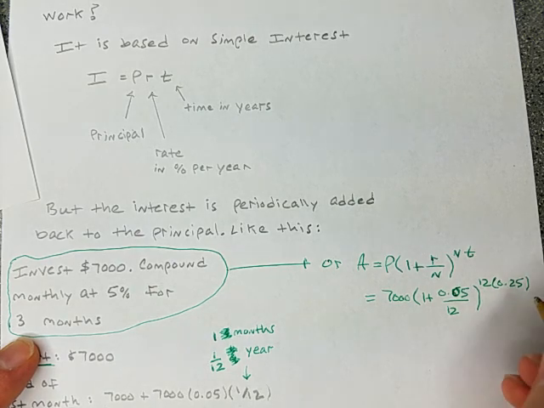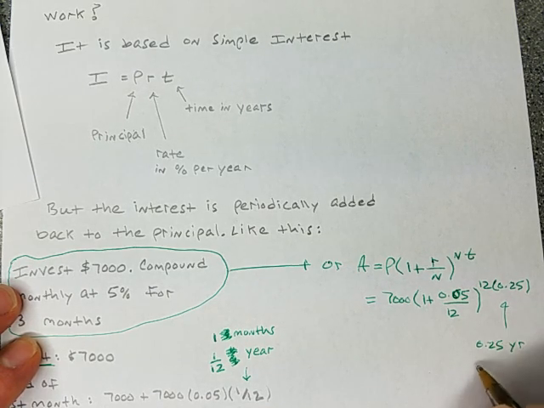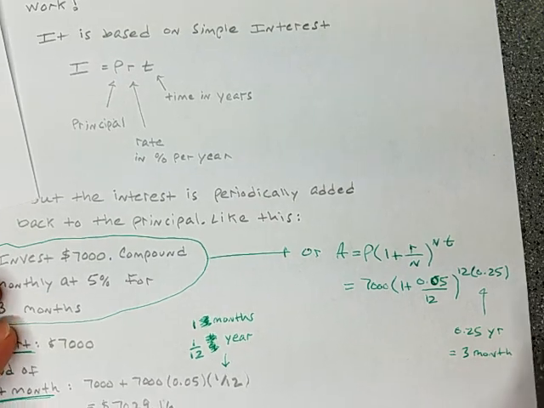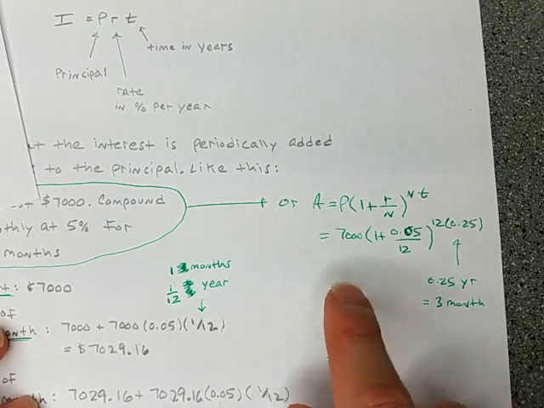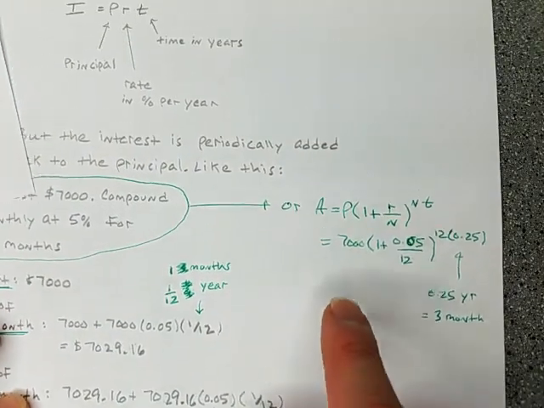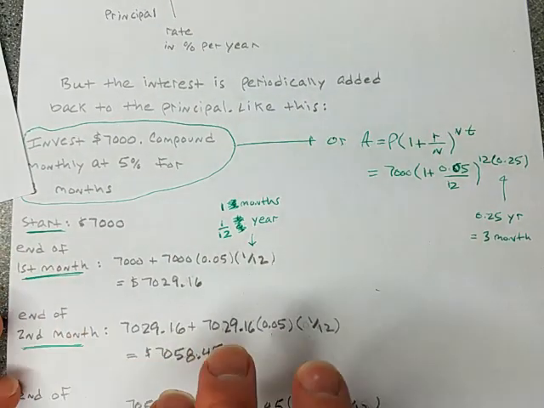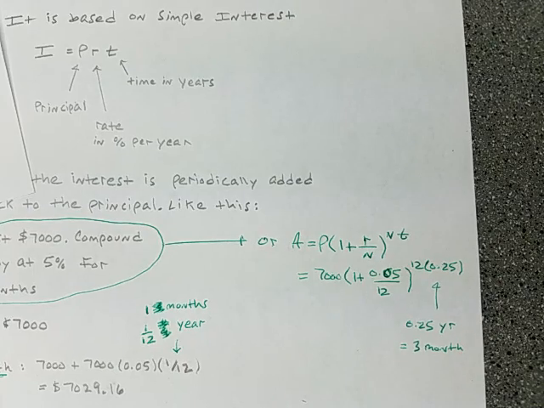Because 0.25 years is the same as 3 months. But the nature of this formula is the time I put in has to be in years. All right, so let's do this, and I'm expecting to get that answer. This is just a shortcut to doing this 1 month at a time, compounding the interest every month. That's all it is.